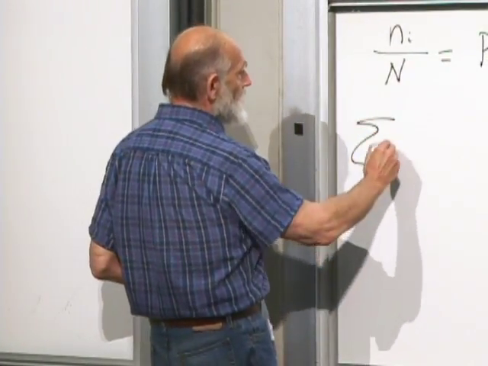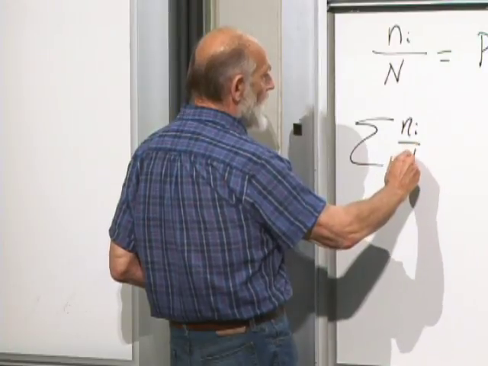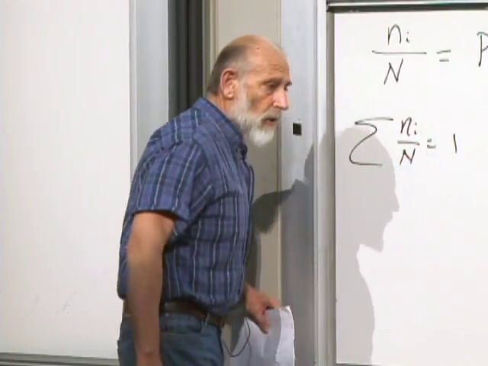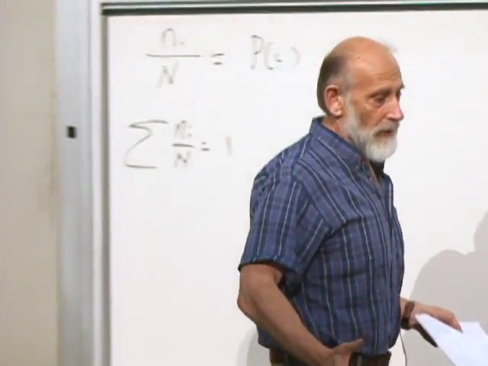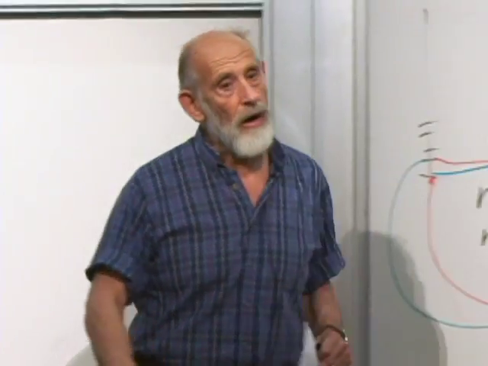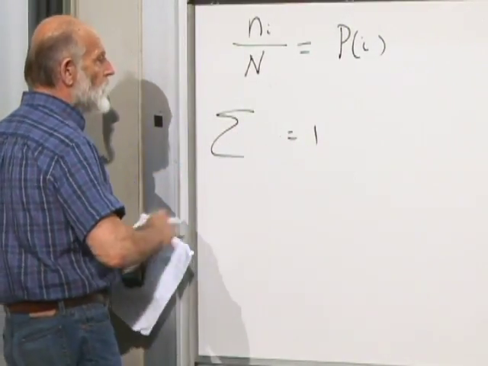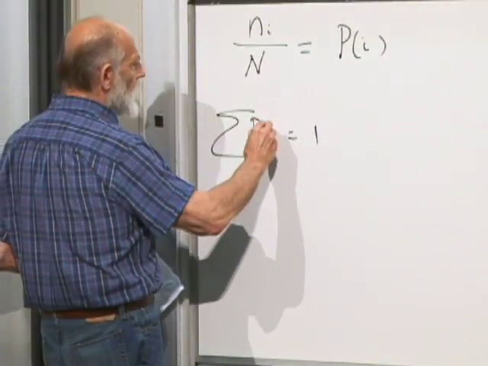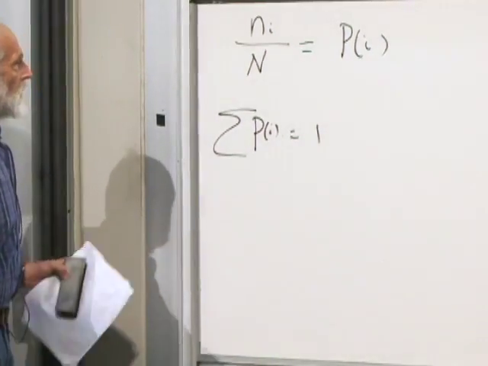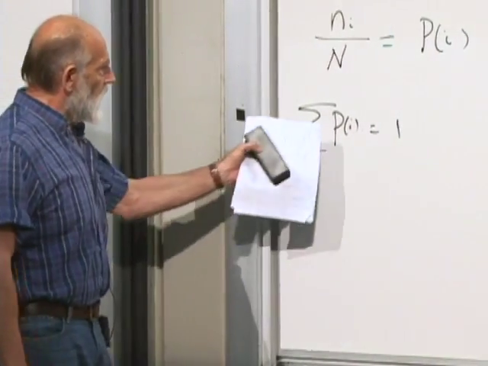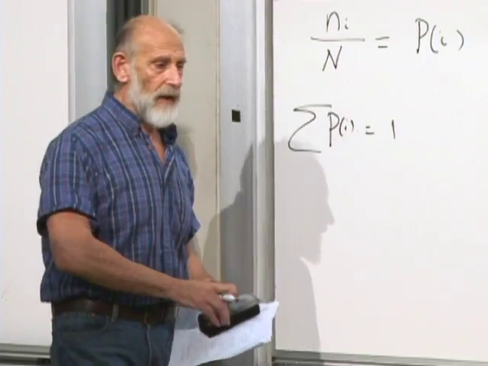It becomes the sum of n sub I over n is equal to 1, or simply the familiar statement that the sum of the probabilities adds up to 1. Just divide through by n, and that tells us the sum of the probabilities adds up to 1.